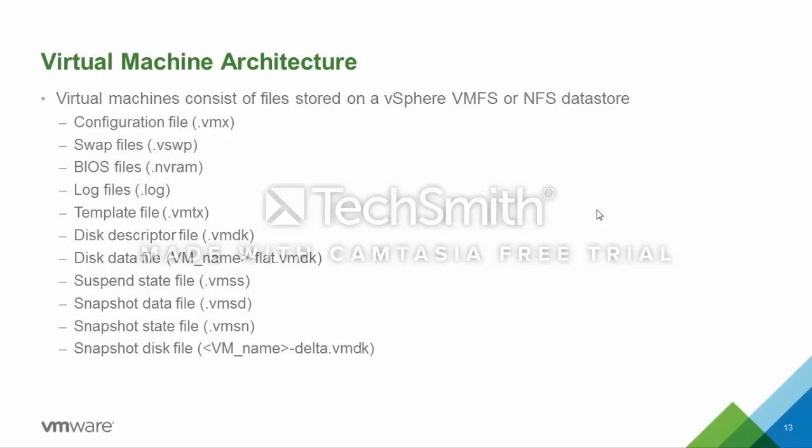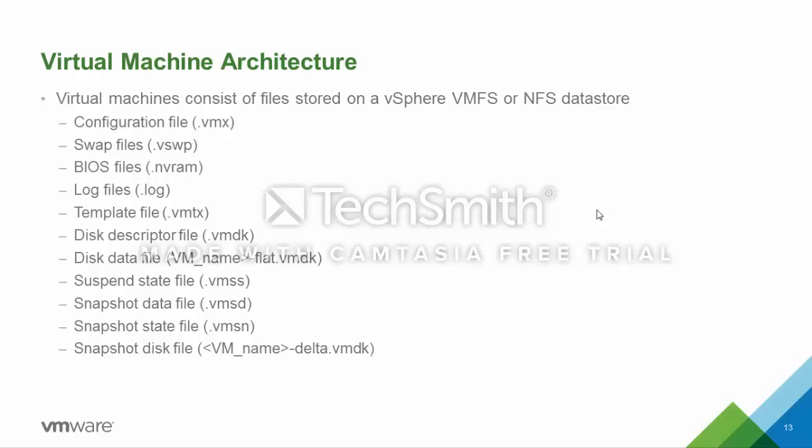So if you called your virtual machine Fred or Fred01, you would have a Fred01.nvram for this particular virtual machine. You'd have a Fred01.vmx file for this virtual machine stored in that VM's folder. We also have log files. We have, if we're using virtual machine templates, a VMTX file.